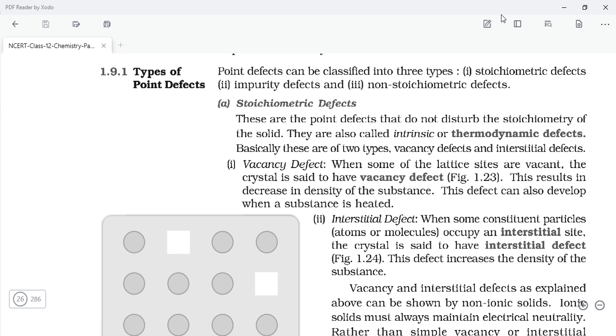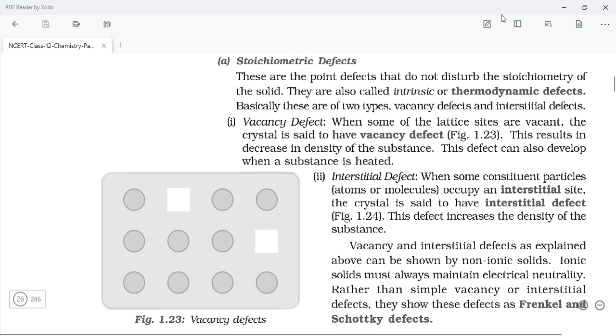Vacancy and interstitial defects, as explained above, can be shown by non-ionic solids. Ionic solids must always maintain electric neutrality. Example: NaCl.